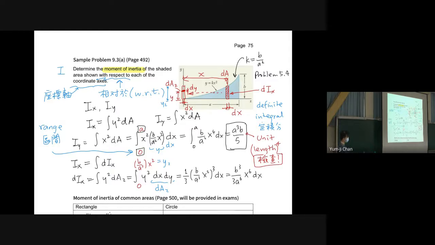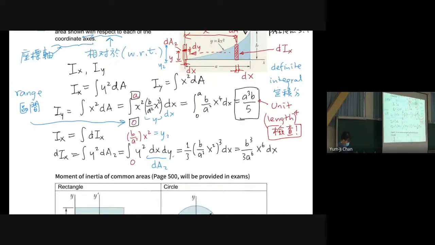Something like this. Now, is it correct?